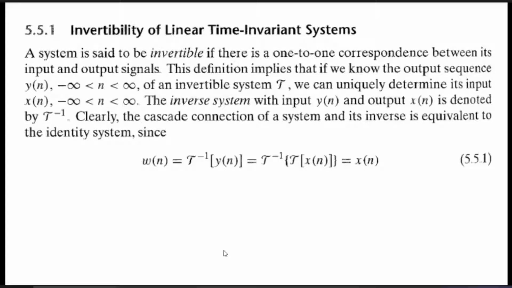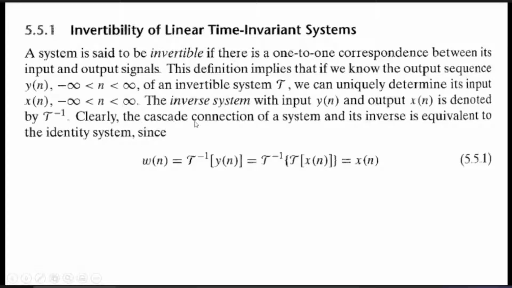This definition implies that if we know the output sequence y of n of an invertible system tau, we can uniquely determine its input x of n. So the inverse system with input y of n and output x of n is denoted by tau inverse.